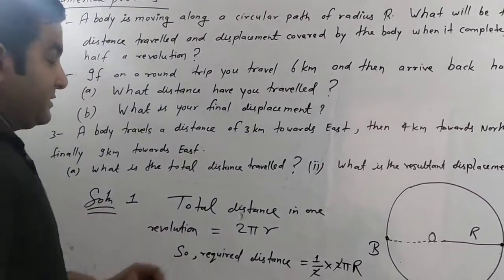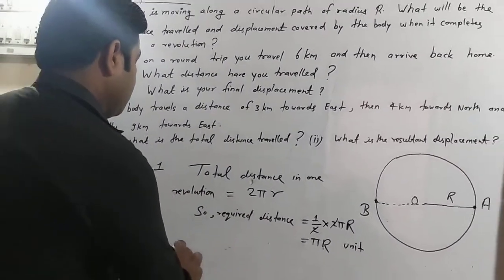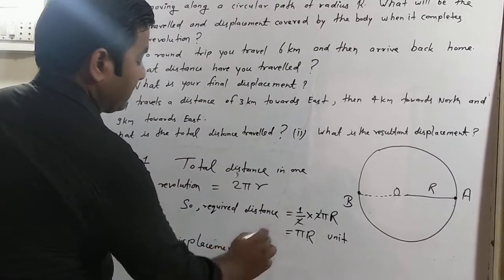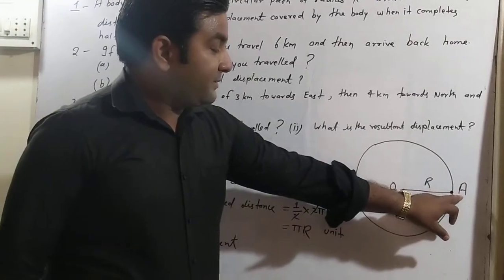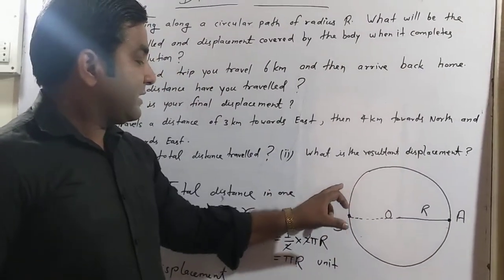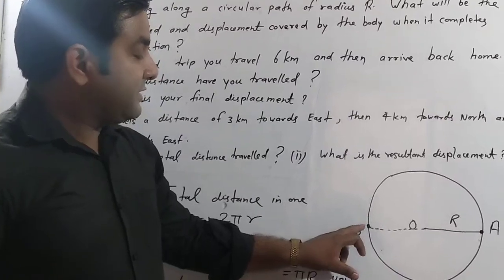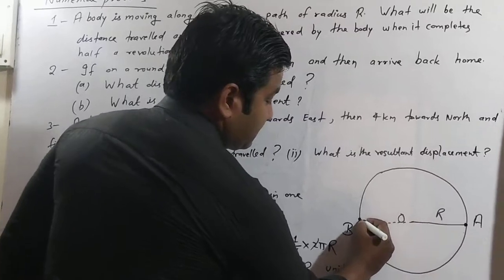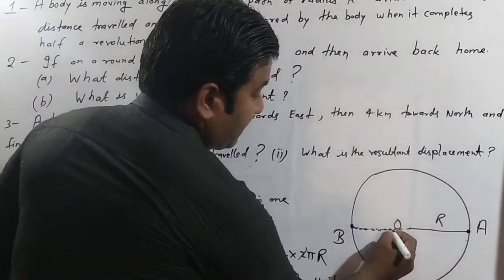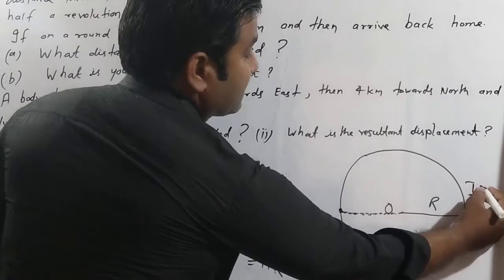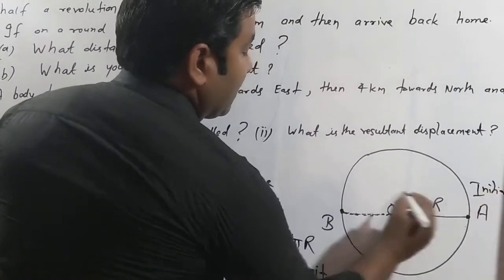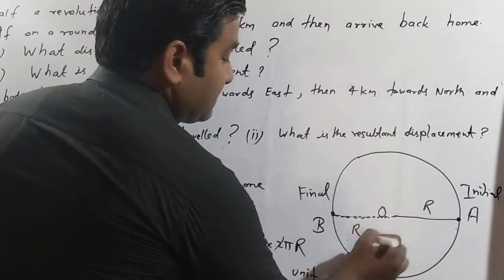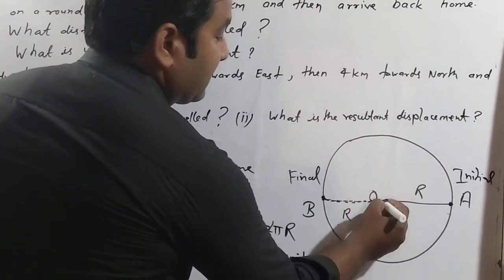Then after calculating distance, displacement is equal to, a body initially at point A, then after traveling half of a revolution reached up to point B, then the displacement means the shortest distance between final and initial position. This is the initial, this is the final.